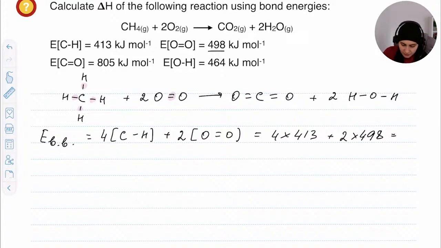Also be careful, an oxygen-oxygen double bond is not the same as 2 oxygen-oxygen single bonds. When you're looking at the data booklet, choose the correct type of bond between the atoms. Then we calculate: 4 times 413 plus 2 times 498 is 2648 kilojoules.